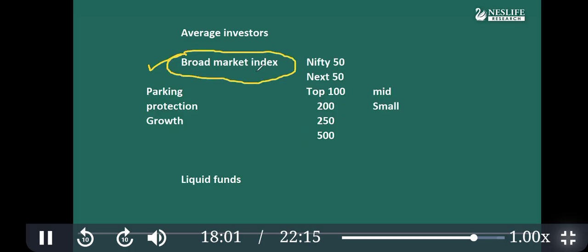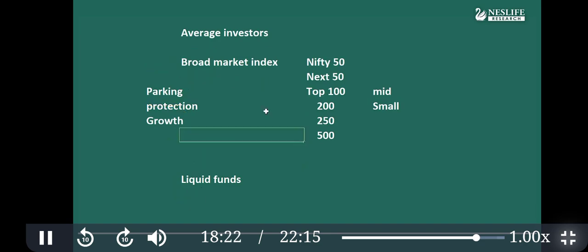You don't have to go into strategy. That will be for advanced people. For parking of the funds, Liquid Case is a choice in the ETF. For growth, there are multiple ETFs. For protection, there are not many ETFs available.